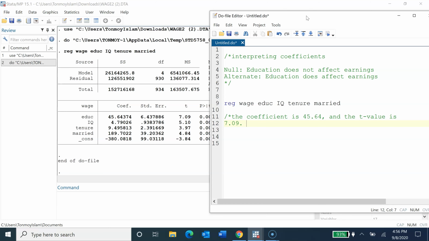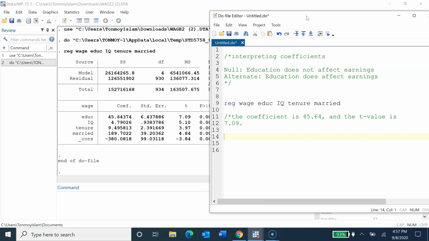7.09. Now we need to compare this t-value, 7.09, with the critical value of t, which we obtain from the t-tables. The t-table will tell us at what range of values we think that education has a significant impact on wages, and in what range of values the effect is as good as 0.